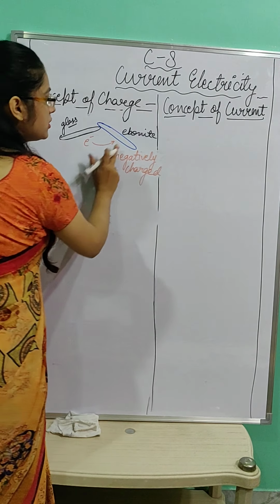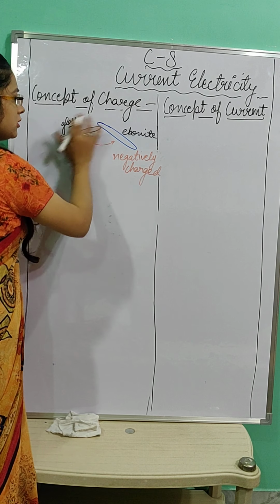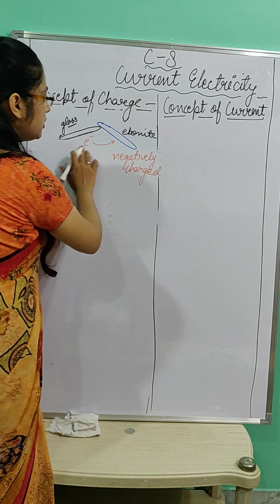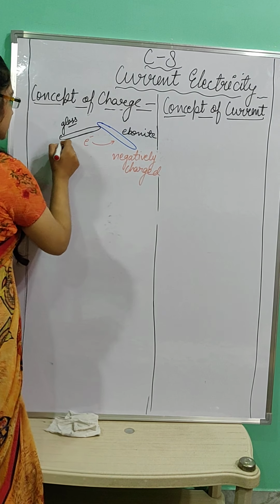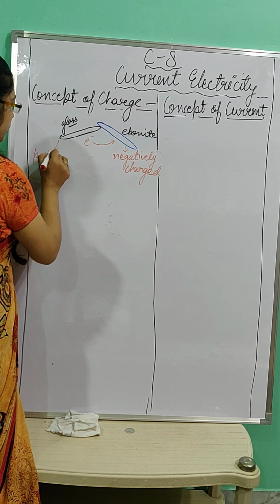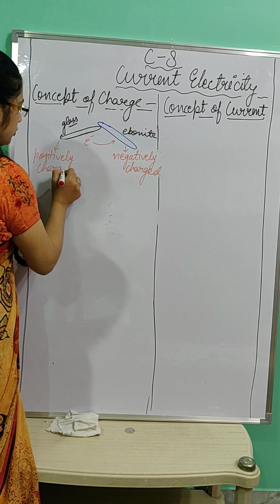Similarly, since the electrons are transferring from glass to ebonite, in this glass rod there will be an excess of positive charge in comparison to the electrons. Hence, this rod will behave like a positively charged rod.